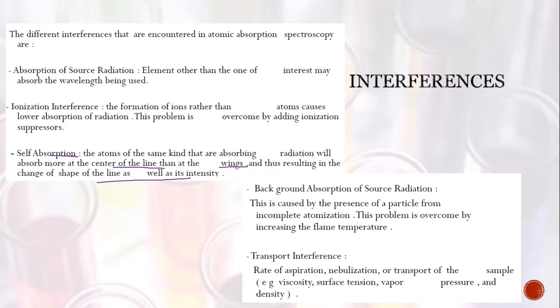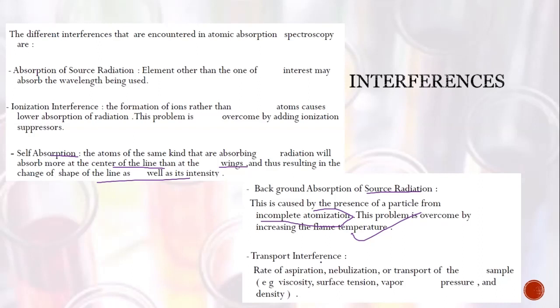That self-absorption will give us incorrect intensity. We can also have background absorption of source radiation, so that we have presence of particles from an incomplete atomization. This problem can be overcome by making sure that the flame is at a good temperature, or use a graphite furnace to ensure that you have complete atomization.